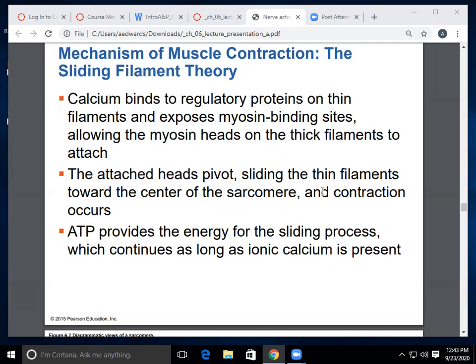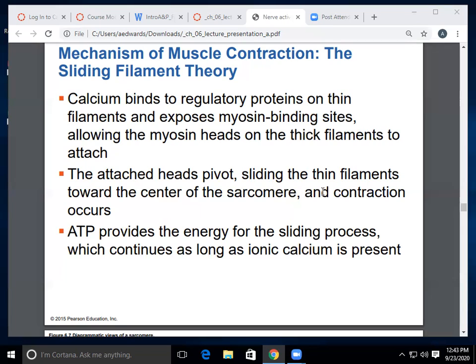And those attached heads are going to then pivot or move, and it slides those thin filaments toward the center of the sarcomere. Remember, we learned about that too last class. And that's what leads to muscle contraction. So this is happening at the same time you get the depolarization, okay?